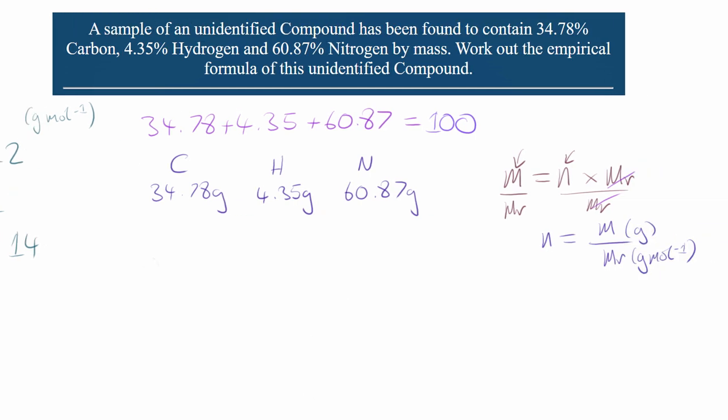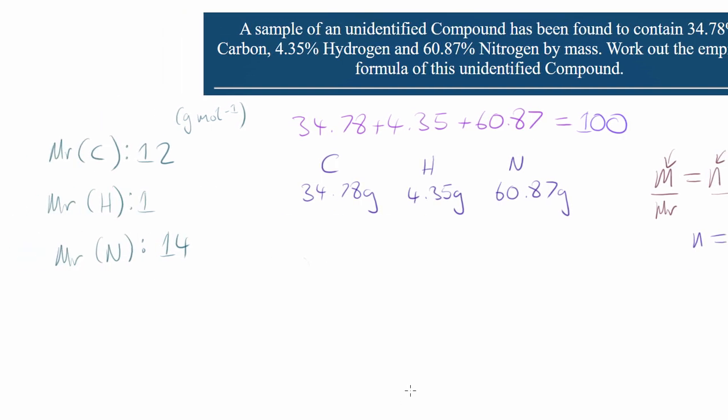So at this stage, as you saw from the equation, what we're actually going to do now is divide all of these numbers by the molar masses, right? So 34.78 divided by 12, 4.35 divided by 1, 60.87 divided that by 14.